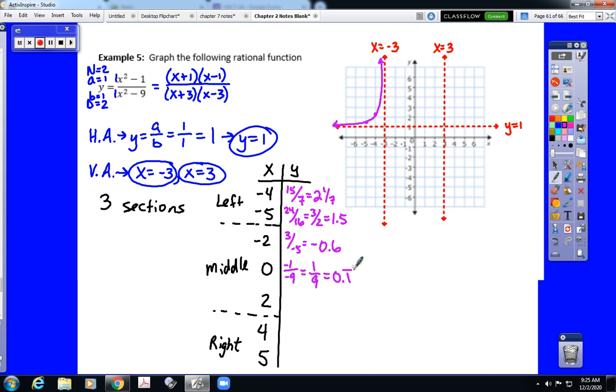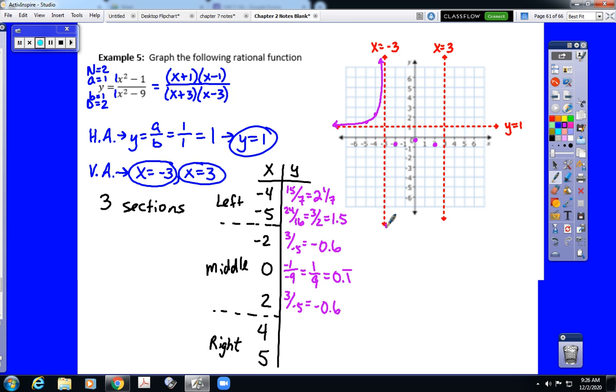It's 0.1 repeating units below that. And then for positive 2, we have 4 minus 1, which is 3, over 4 minus 9, which is negative 5, which is also negative 0.6. So we have negative 2, negative 0.6, 0, negative 1/9, 2, negative 0.6.